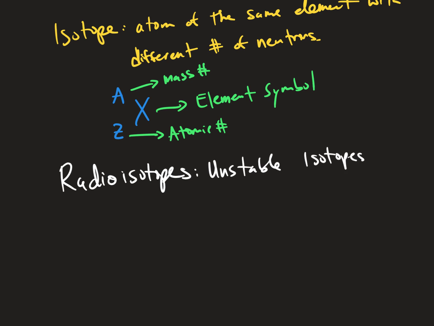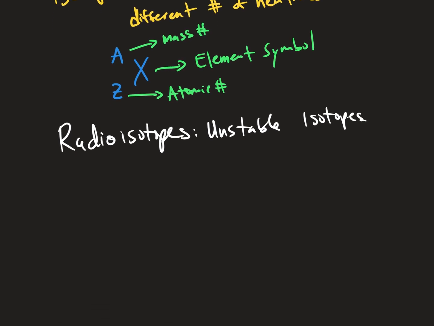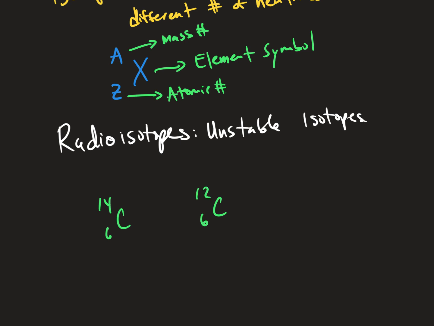The nucleus. Okay. And so if we have an unstable isotope, let's say carbon-14, and then we have carbon-12, which is the majority of carbon, and they're both in a chemical reaction.